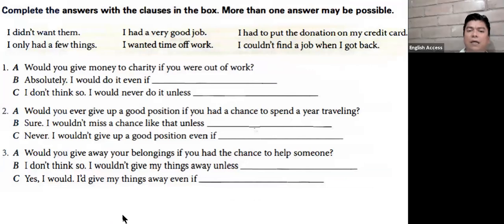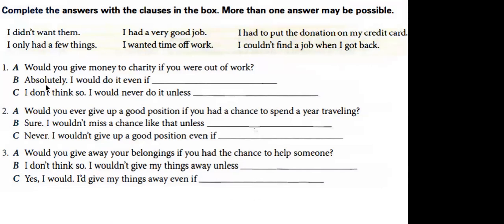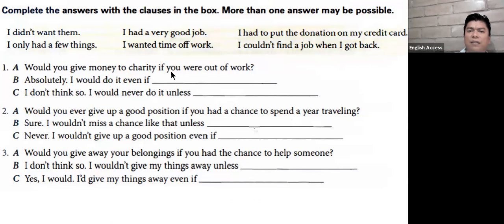All right, and here are some exercises. Complete the answers with the clauses in the box. More than one answer may be possible. A: Would you give money to charity if you were out of work? Absolutely. I would do it even if... It doesn't matter what the condition is, but what condition would that be?